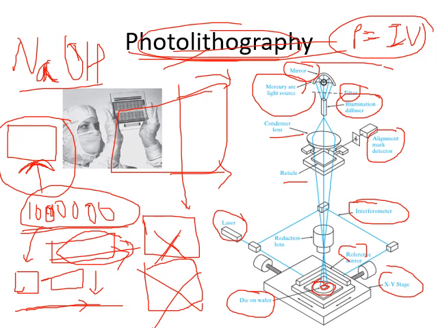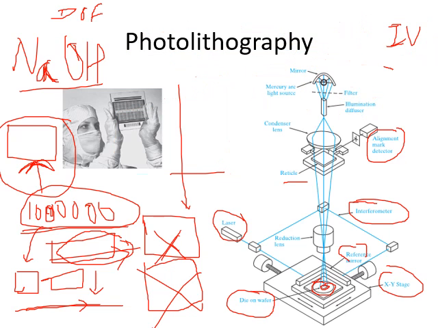So this photolithography is being carried out, and one of the key parameters in photolithography is depth of focus, called DOF. There is one formula for depth of focus. Let me erase the things.